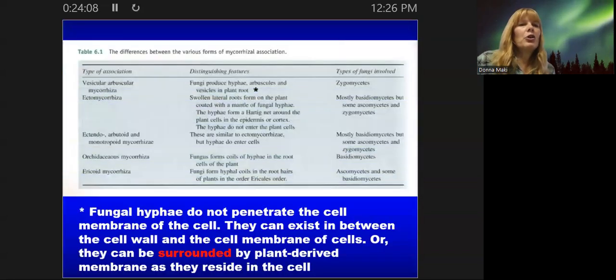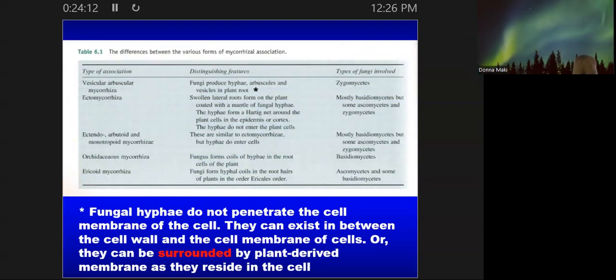So this chart is showing some of the types of mycorrhizal fungi. So you see here vesicular or arbuscular mycorrhizae. Sometimes they drop the vesicular. I'm seeing that more and more in more recent publications. They drop the vesicular and just say arbuscular mycorrhizae. So that group of fungi have had lots of different terms over the decades of research.